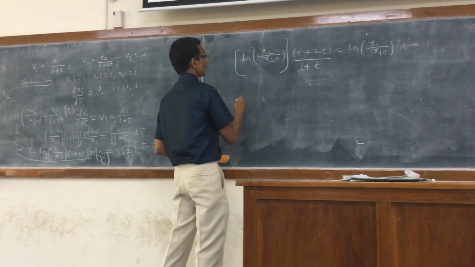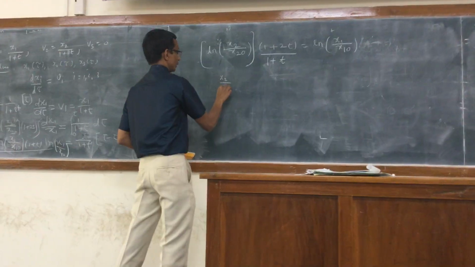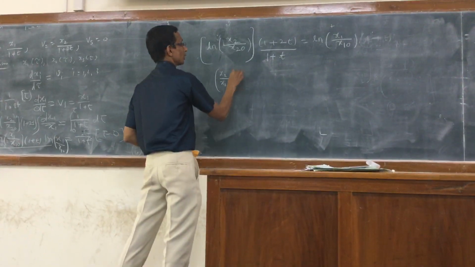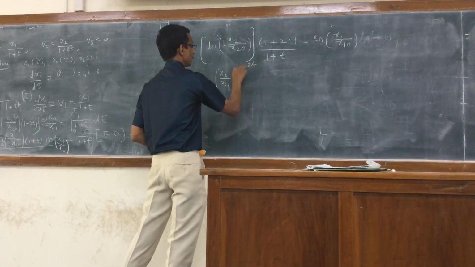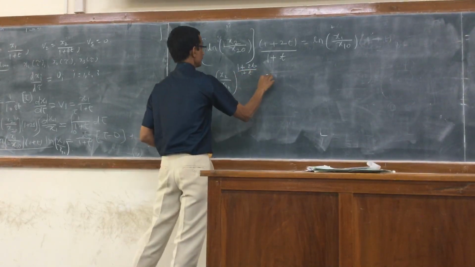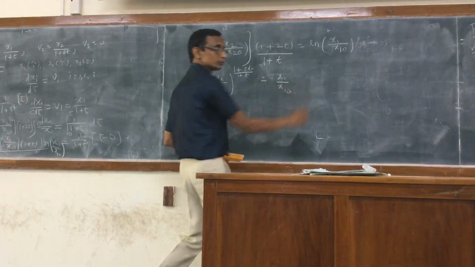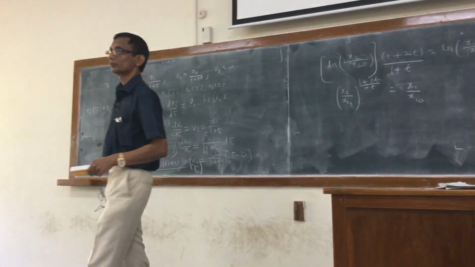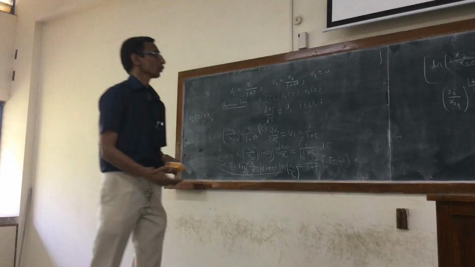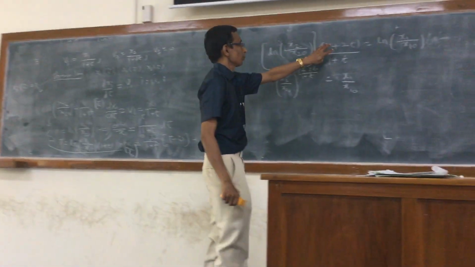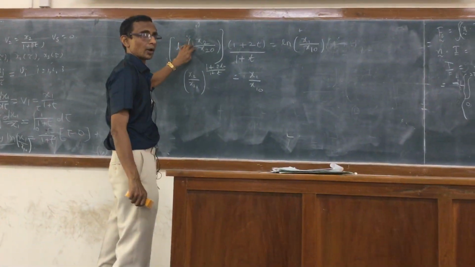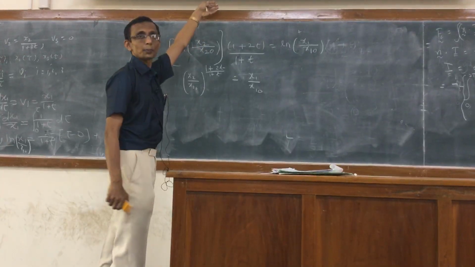So I can maybe write this as x2 by x2 naught raised to the power 1 plus 2t by 1 plus t is equal to x1 by x1 naught. That's one way of writing. Right? So this is multiplying the logarithm.